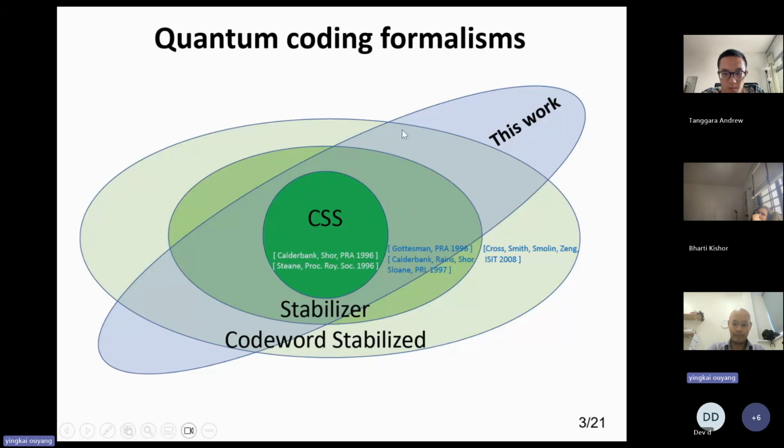However, this work is different from the previous constructions in that it's a different construction, and we do not require as many constraints on the underlying classical code. In fact, the only thing that we demand on the underlying classical code is its distance property.